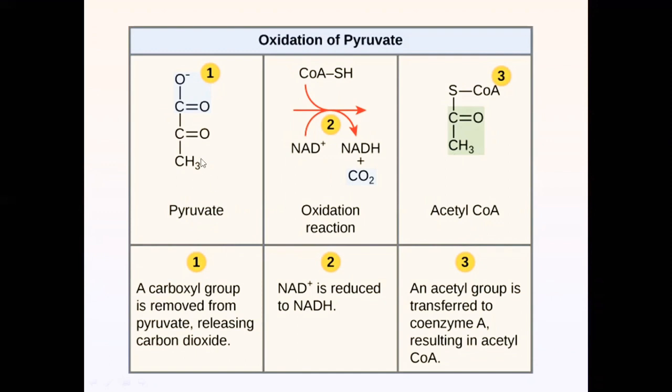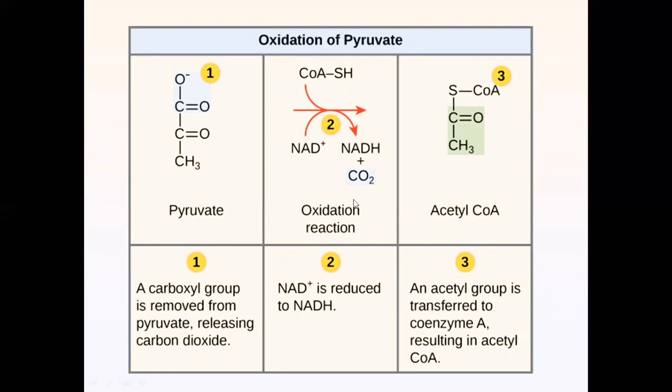In this reaction, this 2-carbon acetyl moiety is attached with coenzyme A, and then it becomes acetyl-CoA. And in this reaction, there is the production of NADH. NAD is reduced into NADH, and the carboxyl group from the pyruvate is removed in the form of carbon dioxide.